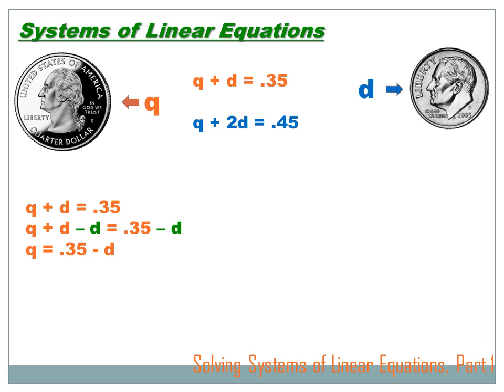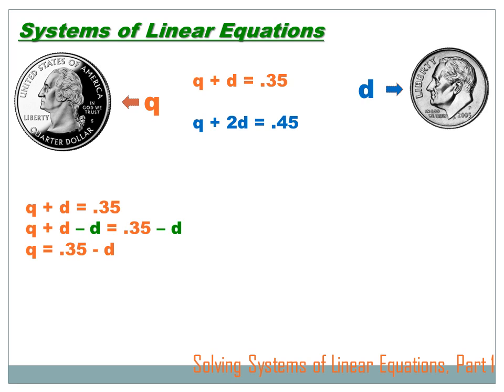I'm going to solve that for Q, so I know what Q equals, and then I'm going to substitute that Q into the second equation, and then I can solve the second equation for D, because my solution for Q that I'm going to put in there doesn't have any Q's in it. It has a D in it, though. So when I substitute for that Q, I'm just going to have D's, and I can solve.